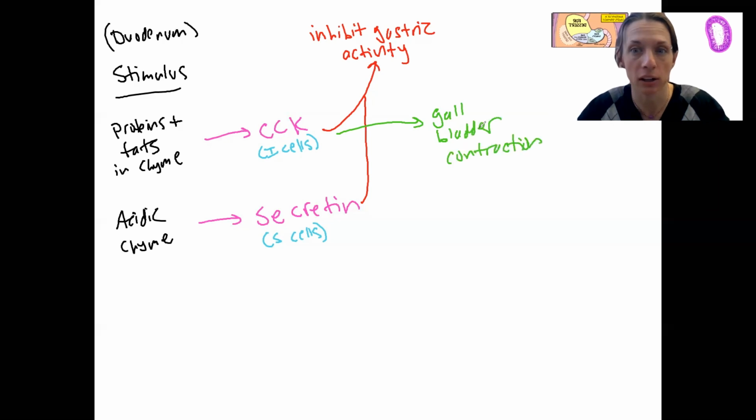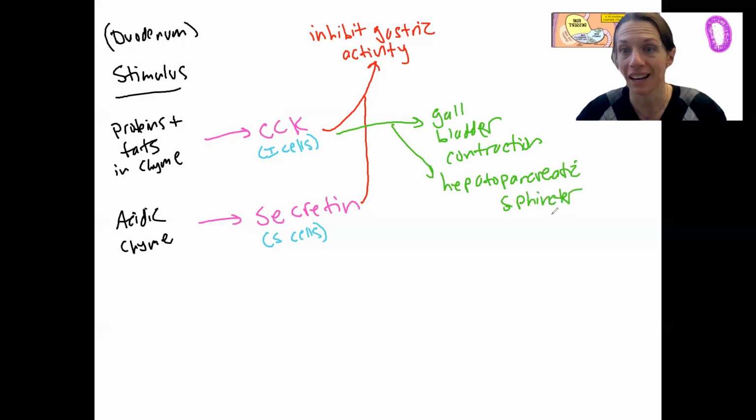Why? So we can release bile into the small intestine. Along with that, same idea, hepatopancreatic sphincter. What do you think it's going to do? Opening, relaxation. Relaxation is going to promote opening.